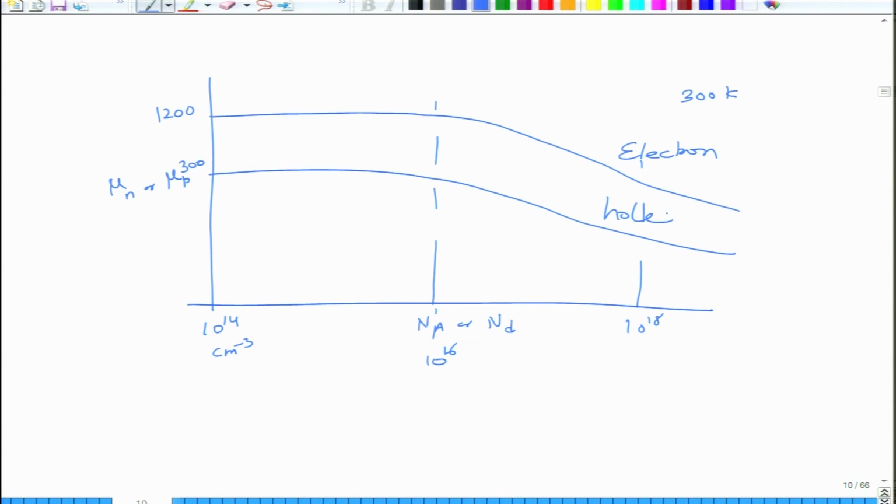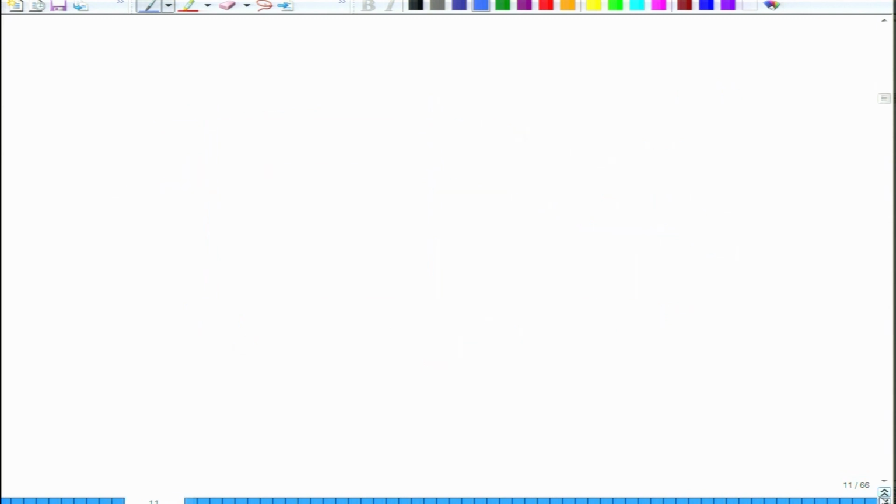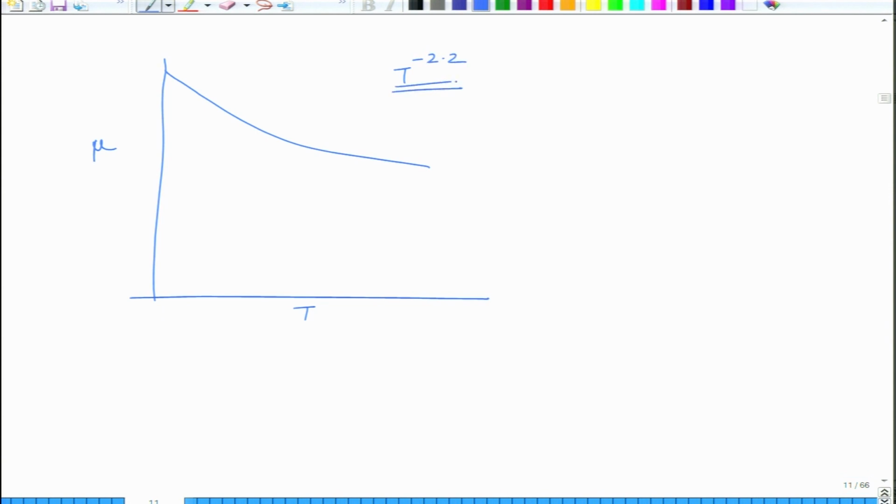Both electron and hole mobility decrease as the impurity concentration increases, but they also change with temperature. If you plot mu versus temperature, at lower doping concentration they tend to change a little faster, and the slope of this plot is approximately minus 2.2 or so.